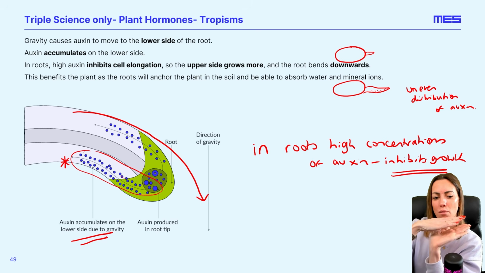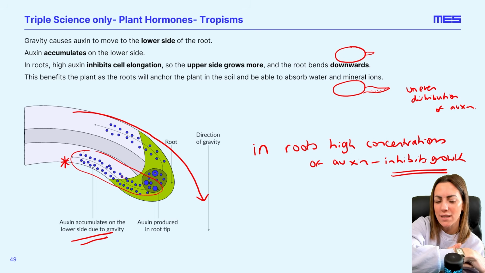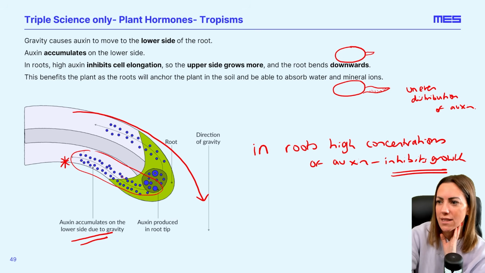Okay, so the lower side has a higher concentration of auxin. High concentration of auxin in roots actually inhibits growth. So the upper surface, where there's less auxin, is growing faster because the cells are elongating faster. The upper surface grows faster and it pulls the root down towards the stimulus, towards the force of gravity.